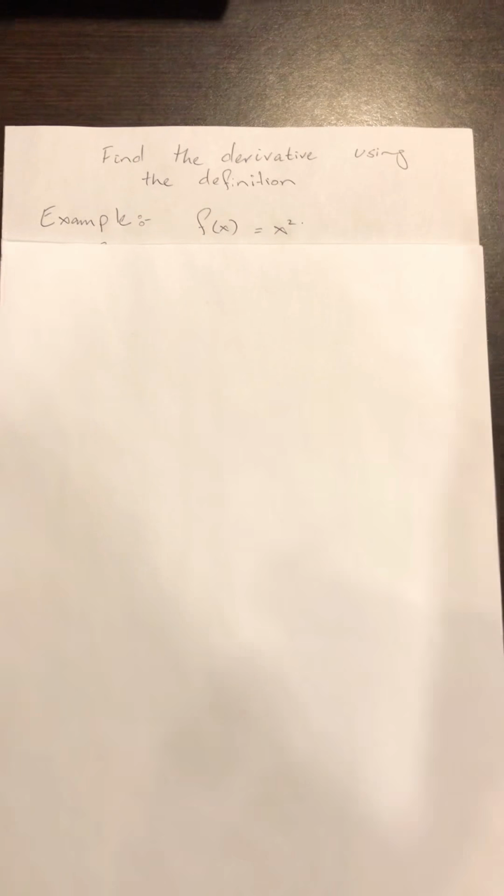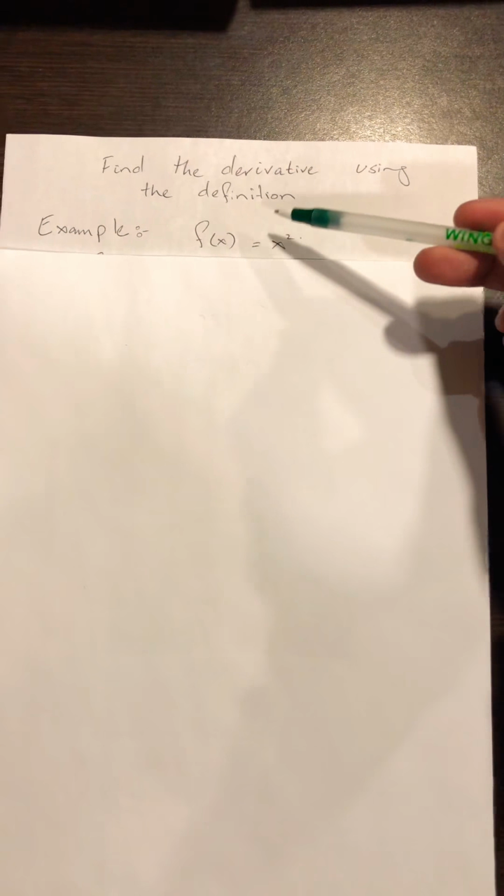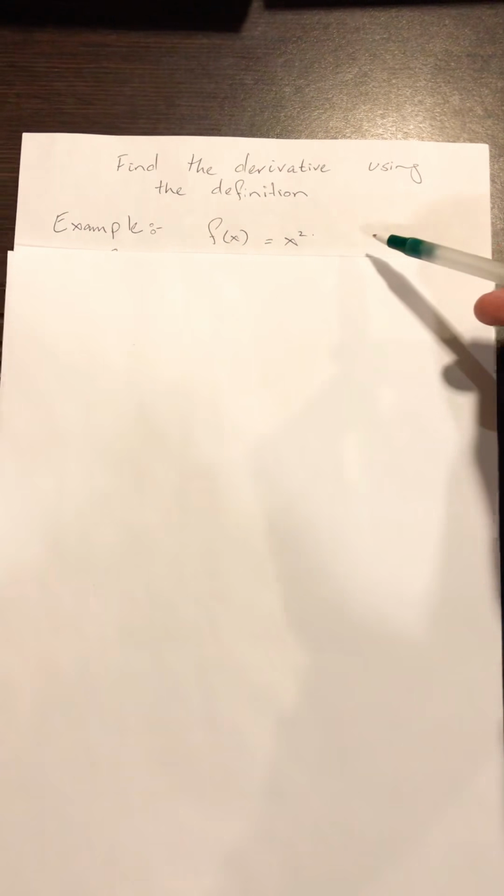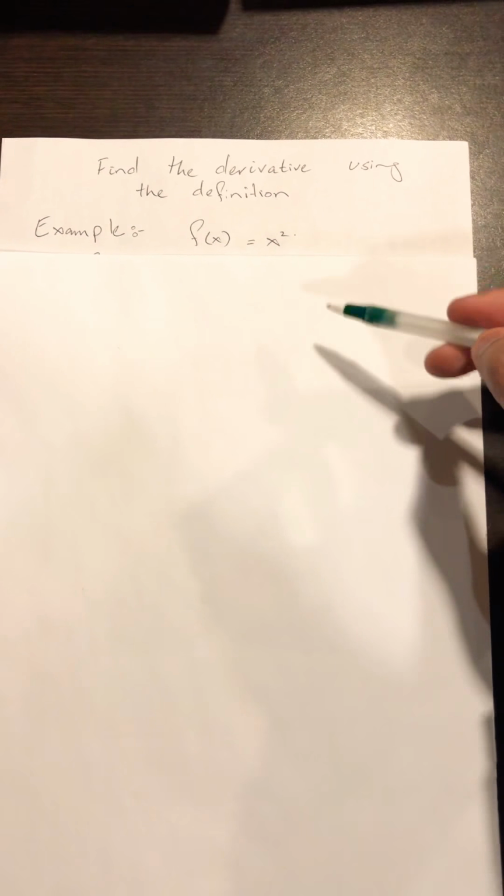So first of all, for our definition, what we normally do is we substitute the function with f of x plus h, and then minus f of x, divided by h.